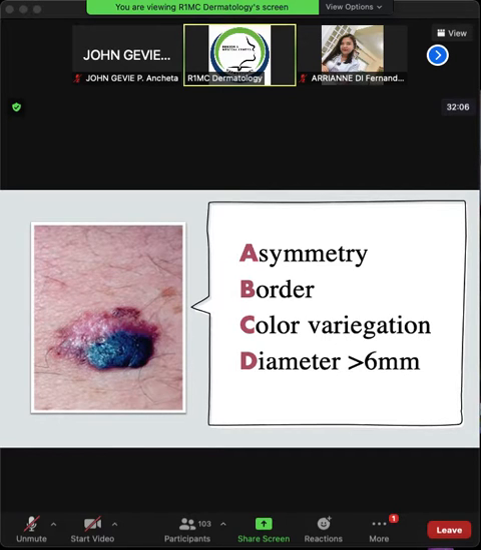So the letters stand for A for asymmetry, B for border irregularity, C for your color variegation, and D is for your diameter, which is more than 6 millimeters. So take note of the ABCD of your ABCD criteria for your melanoma.